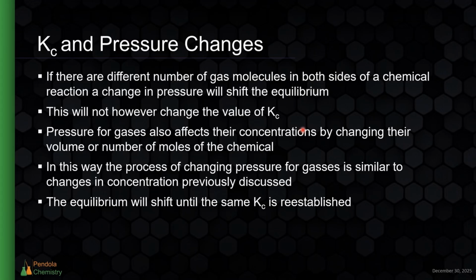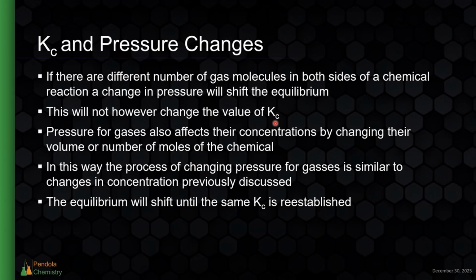So the explanation for why equilibrium shifts whenever there's a change in pressure is essentially the same as that for concentration, because for gases, the change in concentration and the change in pressure are related to each other. We can only change pressure by either reducing the volume or increasing the number of moles of a gas.